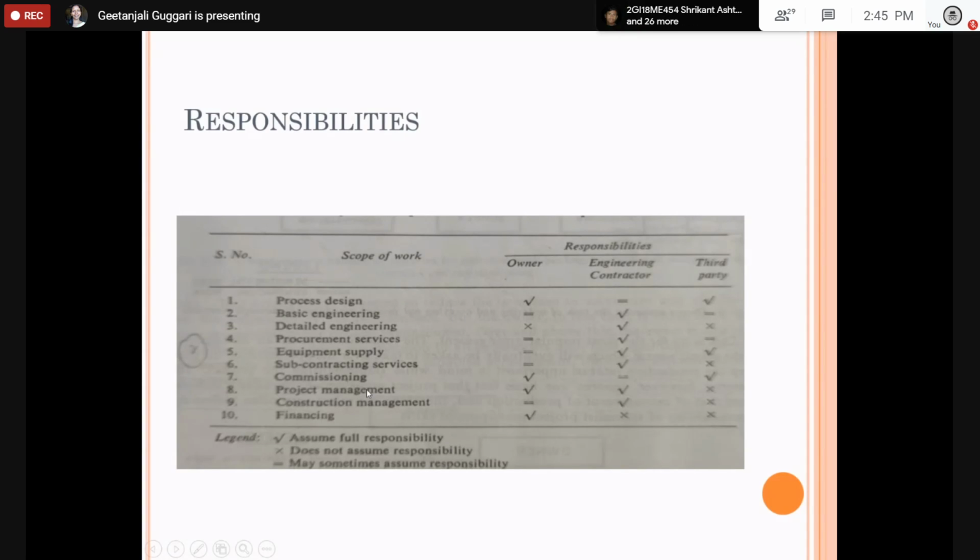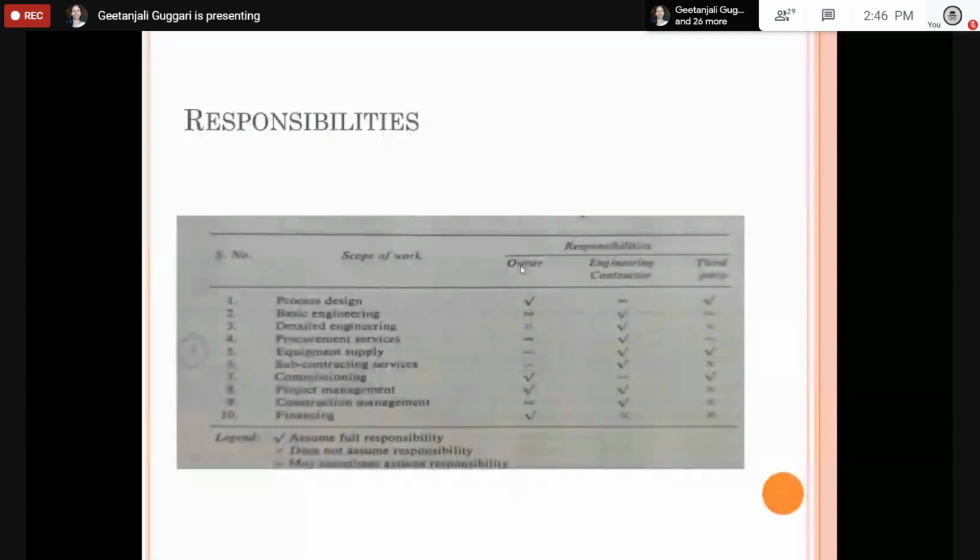So in this case, we have divided these 10 sections, and there are 3 parties involved in completing this project. Who are they? Owner, engineering contractor, and again the third party contractor, subcontracting, what we can say.